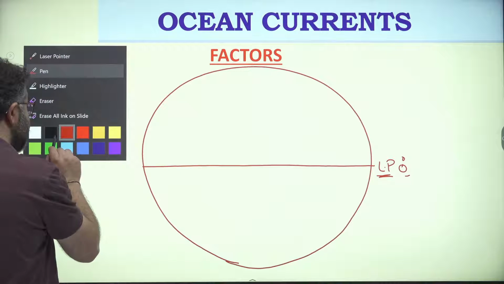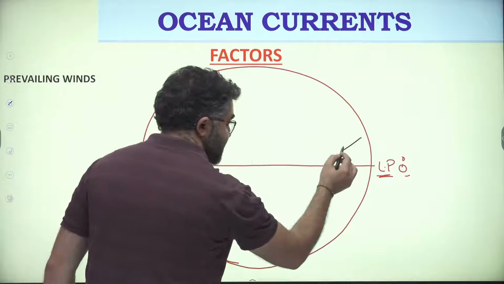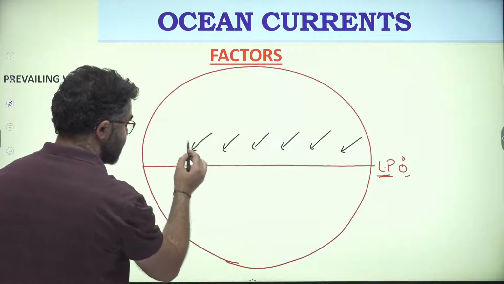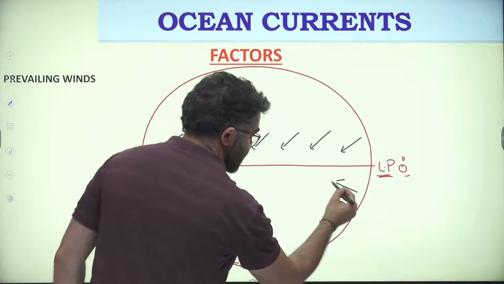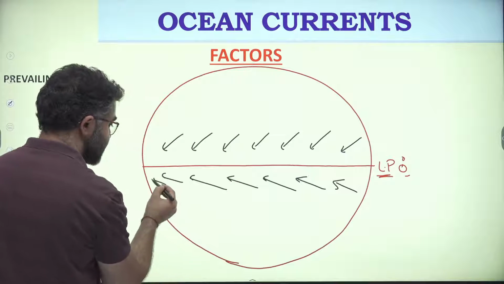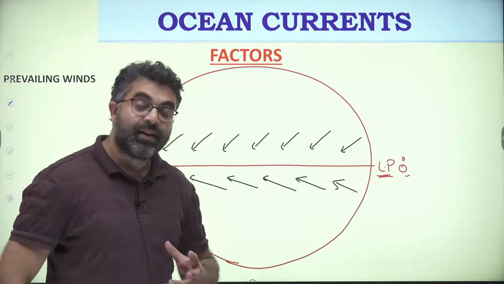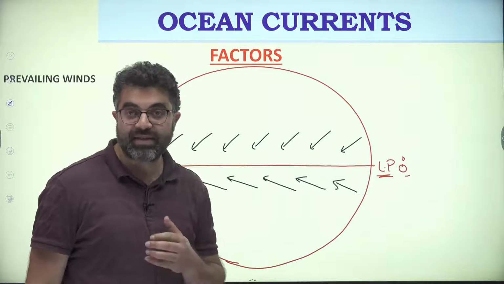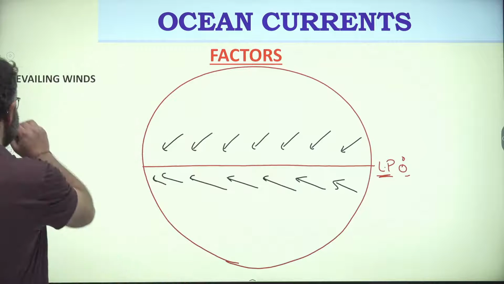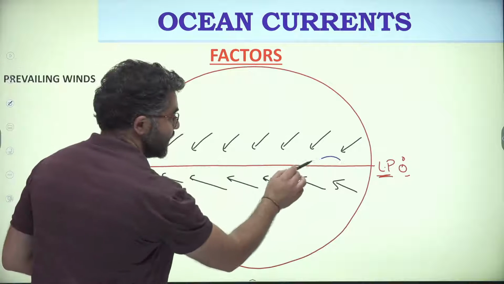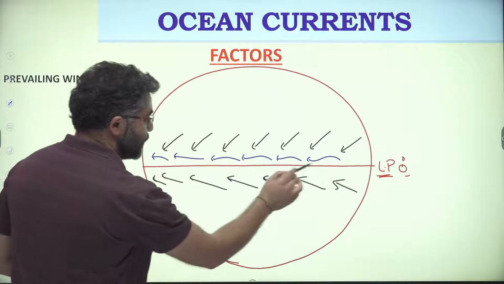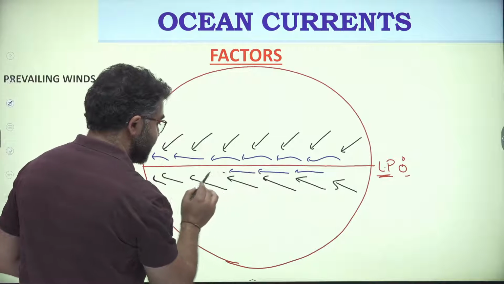And here at the same region, there are these winds which are called northeast trade winds and southeast trade winds. Now, this is the direction of the wind, right? If this is the direction of the wind, the water should also move in the same direction. See, look at the ocean current, look at the equator. You would see that ocean current is also moving in the same direction.